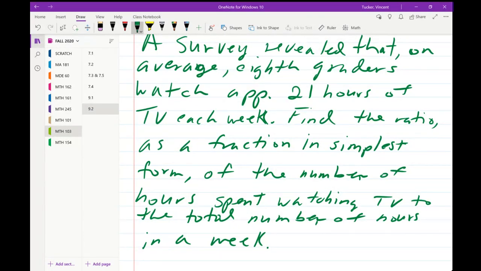Find the ratio as a fraction in simplest form of the number of hours spent watching TV to the number of hours in a week.